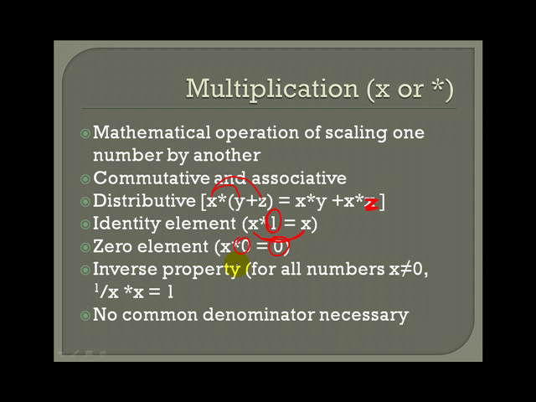The inverse property: for all numbers other than 0, 1 over that number times that number equals 1. Very important here, because this is going to be helpful for solving equations. So 1 over 2 times 2 equals 1. 1 over x times x over 1, and x over 1 is the same thing as x, equals 1, because the x cancels out.